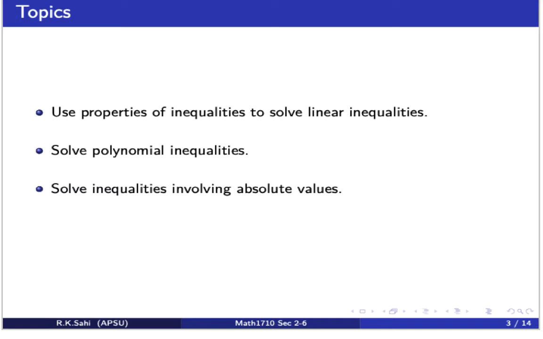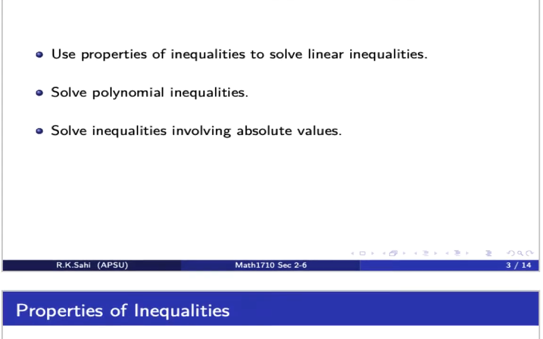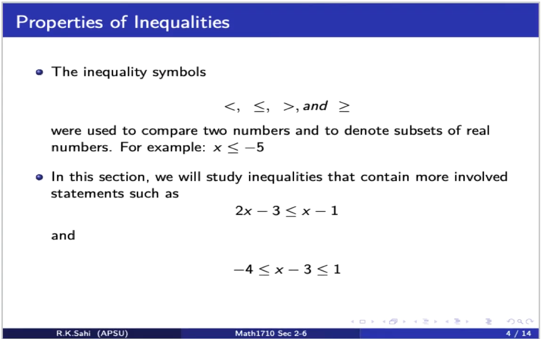So let's look at some of the properties of inequalities. Now, the inequality symbols which we are all familiar with are less than, strictly less than or equal to, greater than, and greater than or equal to. We were using these inequalities to compare two numbers or denote subsets of real numbers.